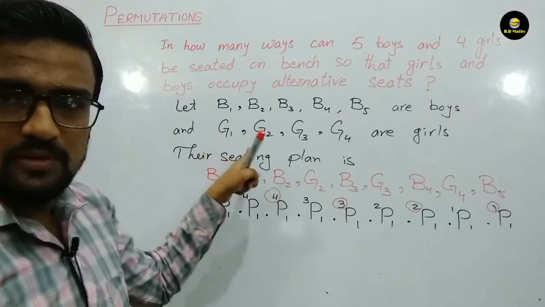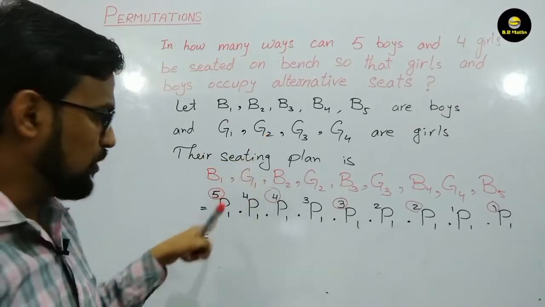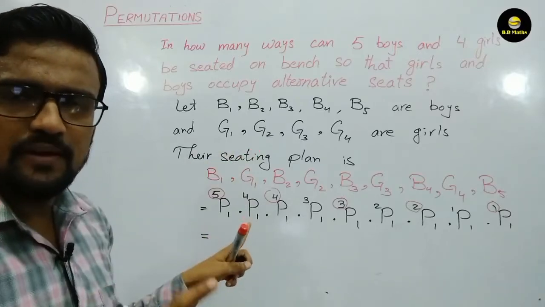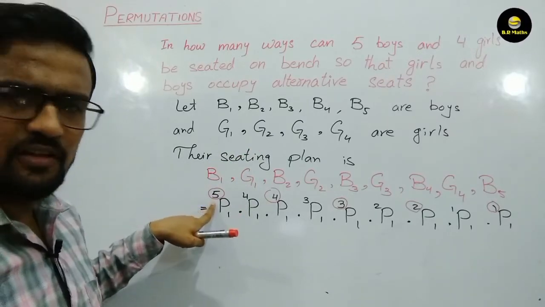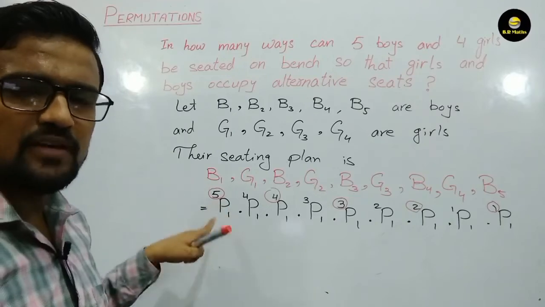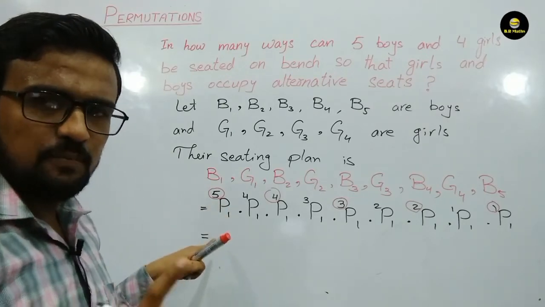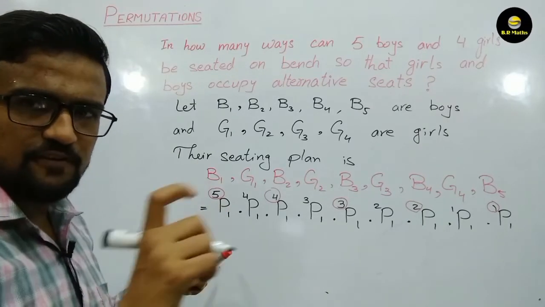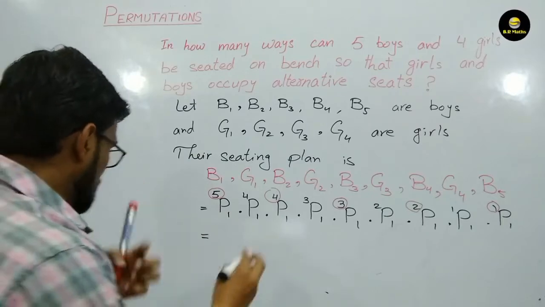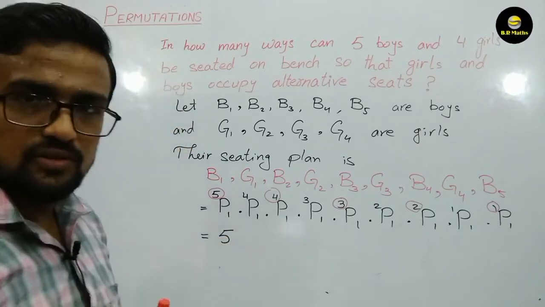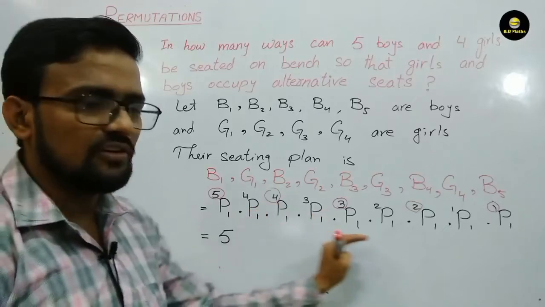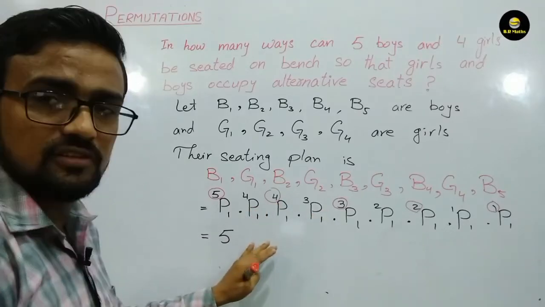According to my previous formula, permutation is n factorial divided by (n minus r) factorial, which means 5 factorial divided by (5 minus 1) factorial. It becomes 4 factorial, so 5 factorial divided by 4 factorial. So cancel, and the remaining is 5. You can calculate this one. This is not a tough question.